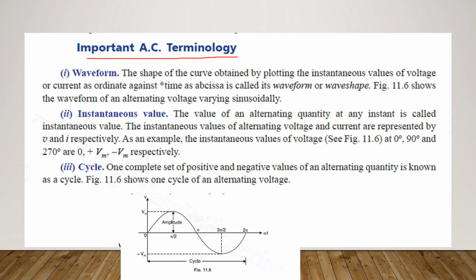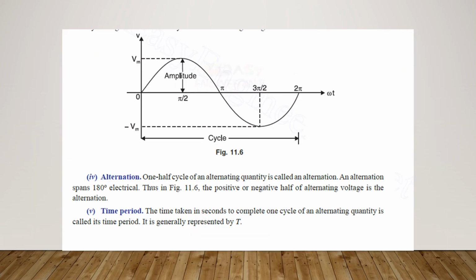One complete set of positive half and negative half is a cycle. One half cycle, this part here, is called an alternation. Now, the time period is the time taken to complete one cycle, and it is generally represented by T.